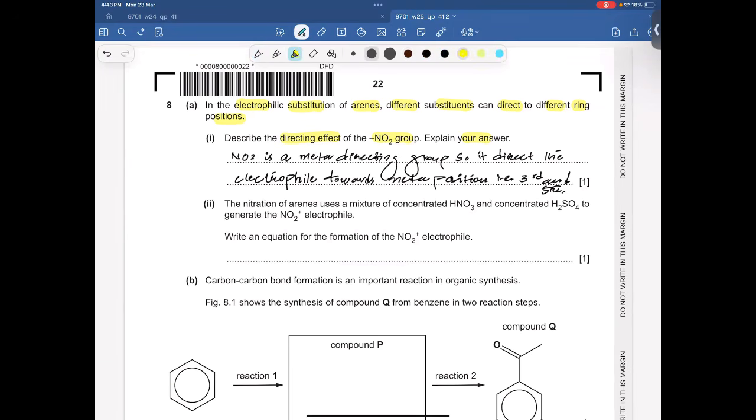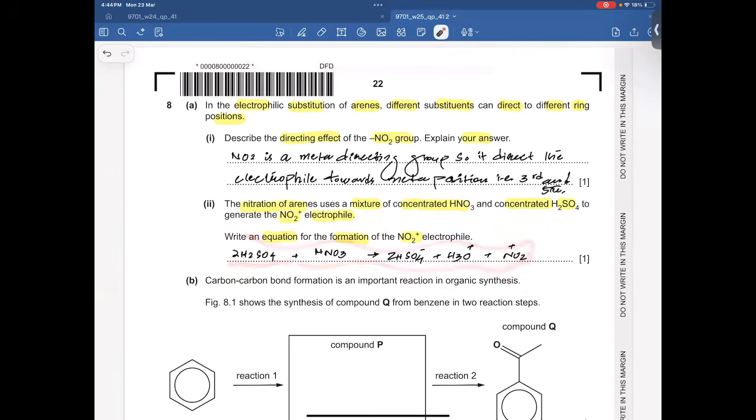The nitration of arenes uses a mixture of concentrated nitric acid and concentrated sulfuric acid to generate the electrophile. Write an equation for the formation of this. It's easy. 2 moles of sulfuric acid react with 1 mole of nitric acid, converting into 2 HSO4 negative plus H3O positive plus NO2 positive. You can write this equation for 1 mole also. That's not a problem.